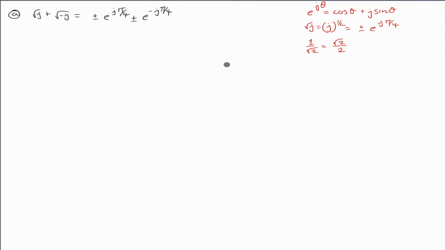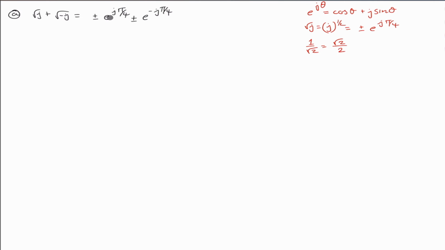But if you didn't use this property here, you would start by representing the positive square root of j as e to the j pi divided by 2, and you take that to the half, and then you get pi over 4.